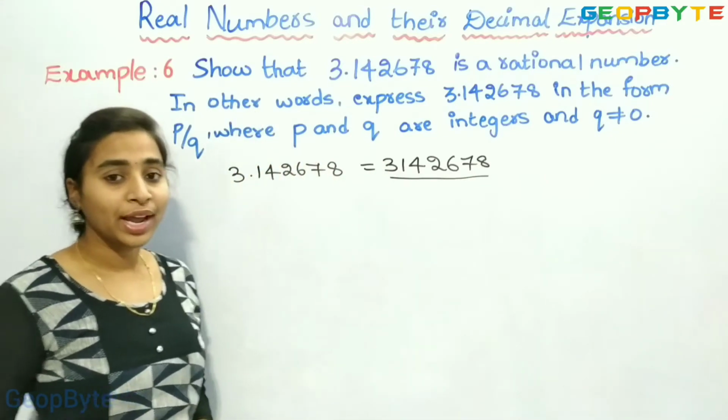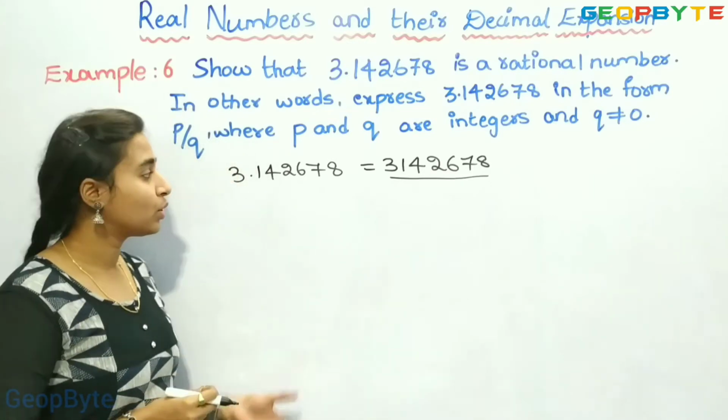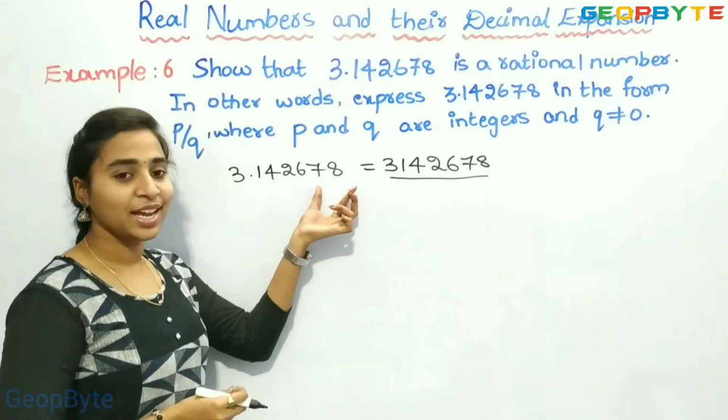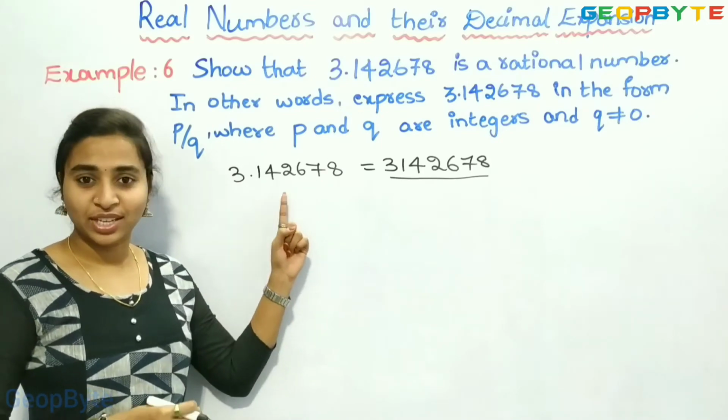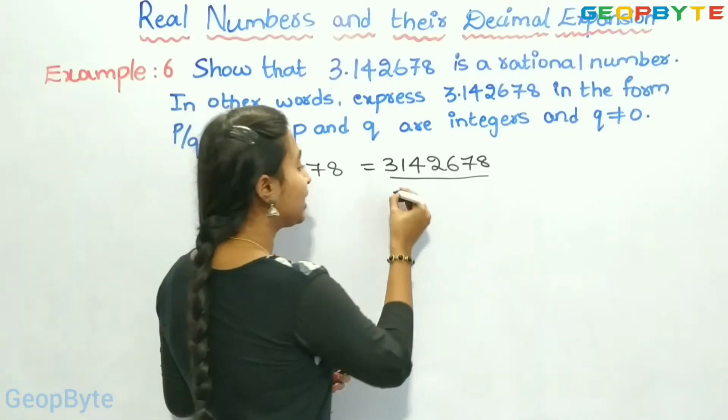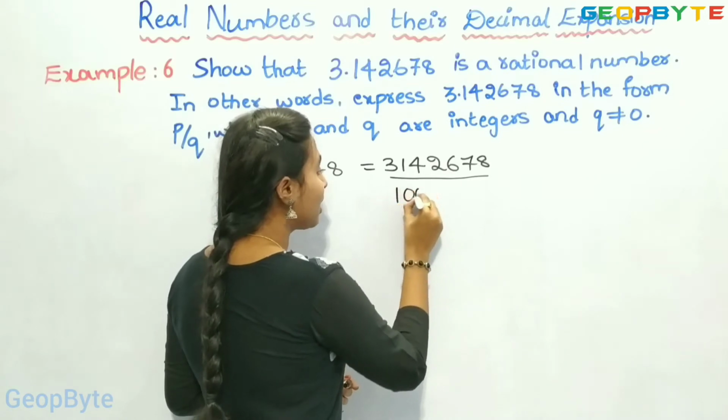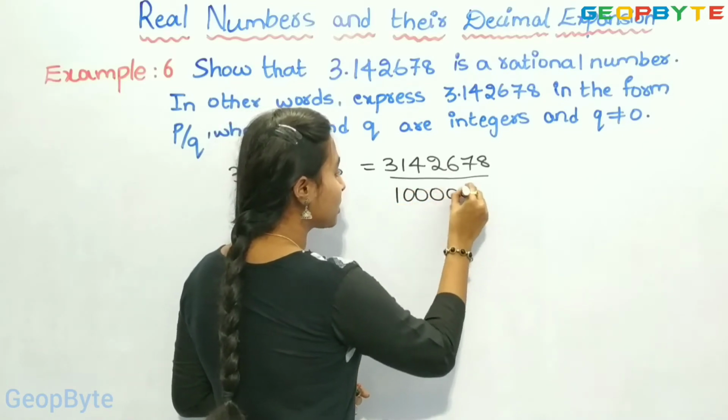Now, I need to write that many number of 0s, that is, how many digits are there after the point. Here I have 6 digits after the point. So, I need to write 1 and 6 zeros.